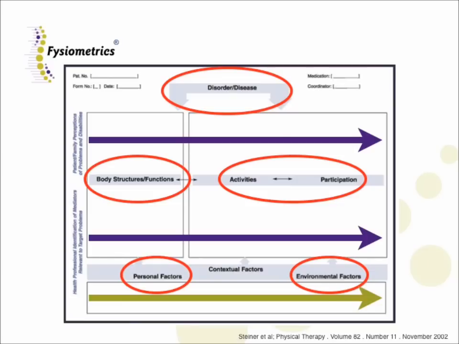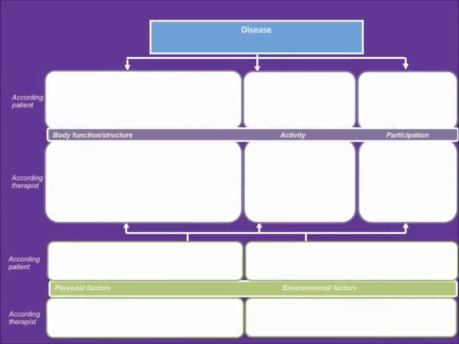The form that we use during the courses looks approximately the same. Apart from the nice colors we added, there is one difference, namely the environmental factors and the personal factors, which together form the contextual factors. In this part, we also made the separation between what the patient tells you and what you conclude from your examination, including the results of your measurements and the type of instruments used.